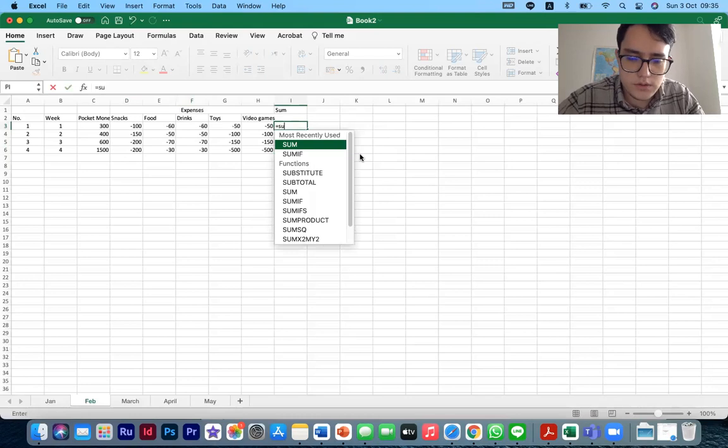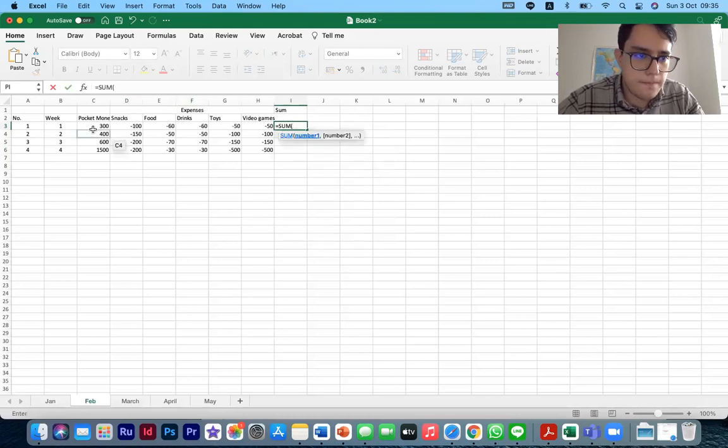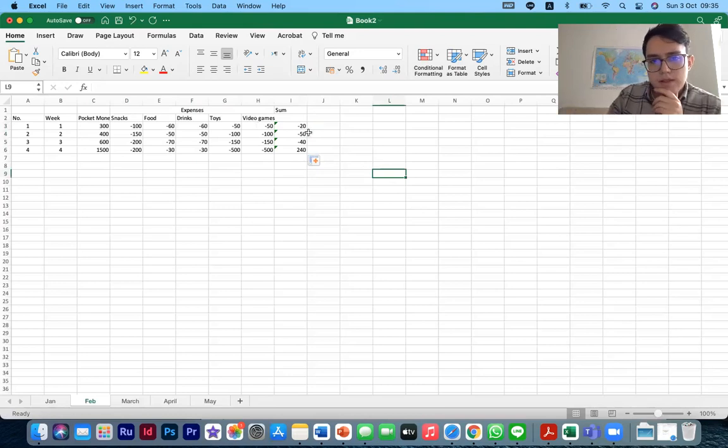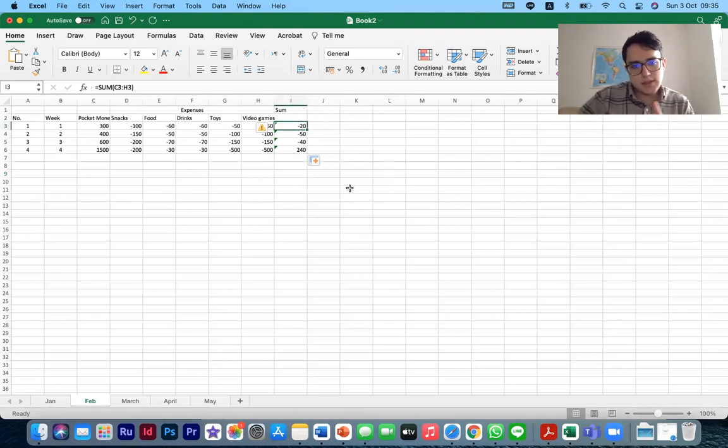And then we go back to the sum, choose it, and we get this. So you can see here that it's minus because you spent over your pocket money. So you have 20 baht less. So you spend 20 baht extra.